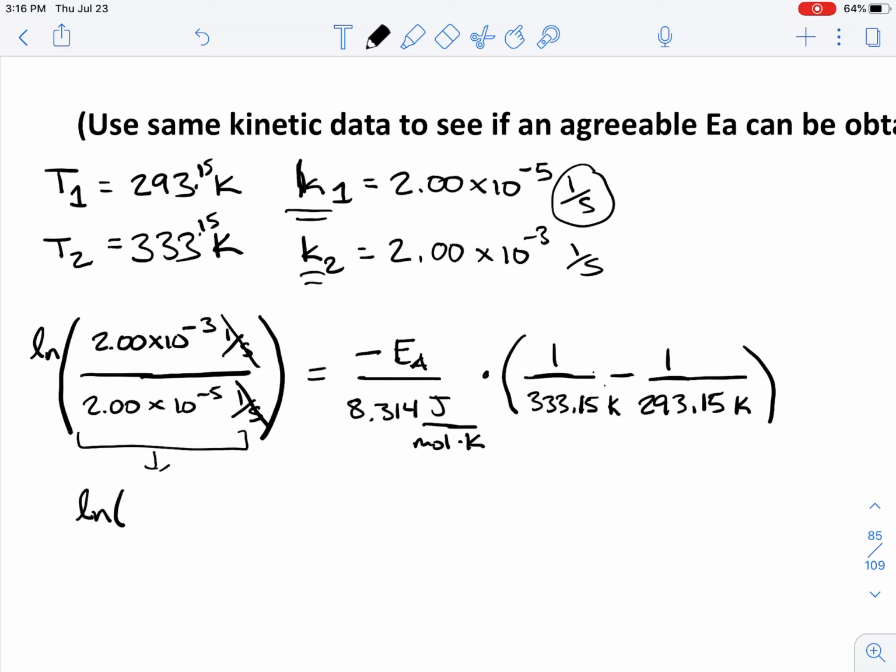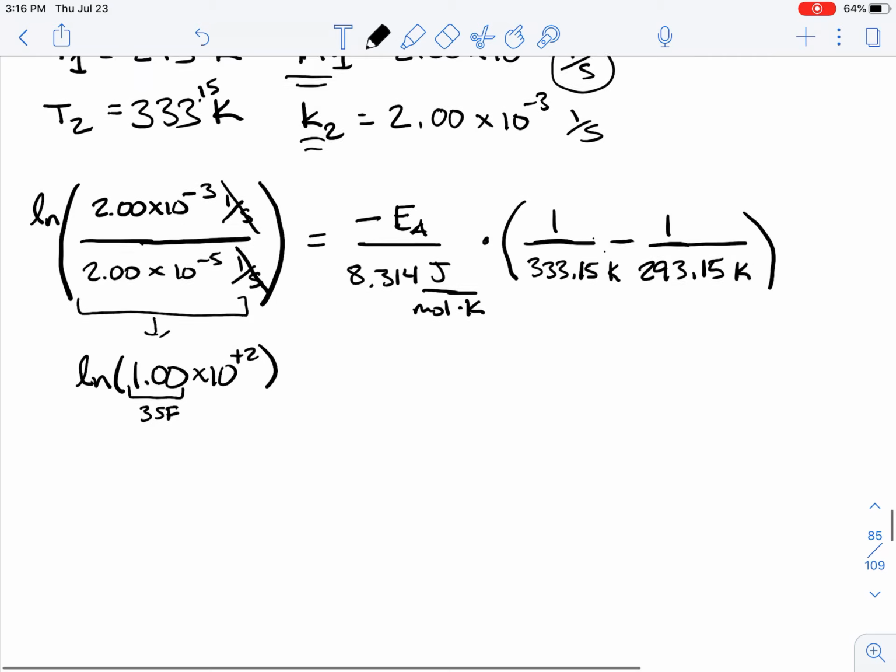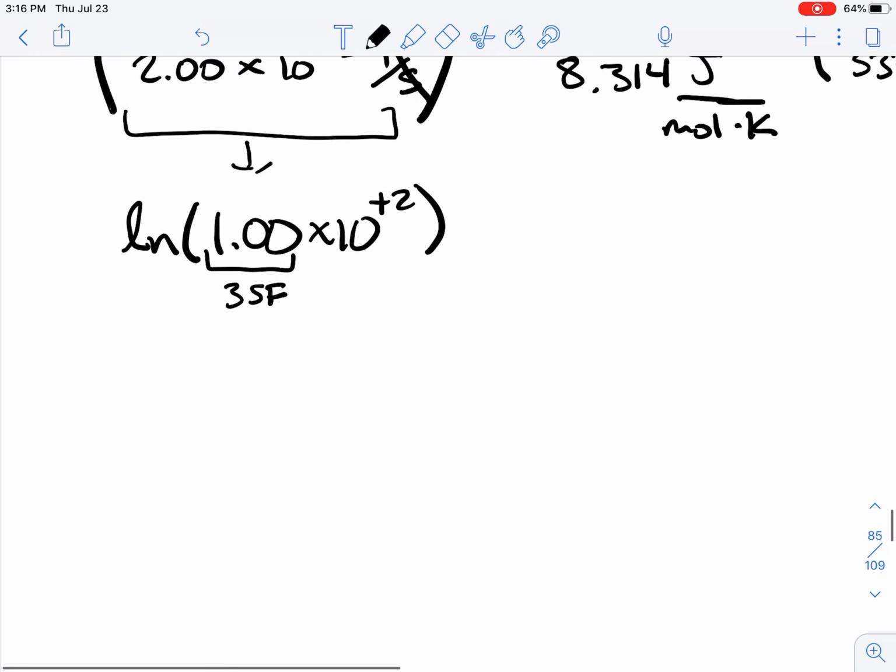So this is the natural log of 1.00 times 10 to the positive 2. Now when I take the natural log of that number, since I have 3 sig figs, I'm going to record 3 places after the decimal. So I'm going to go ahead and take the natural log of this answer, and I get 4.605. So 3 sig figs, 3 decimal places when I take the natural log.